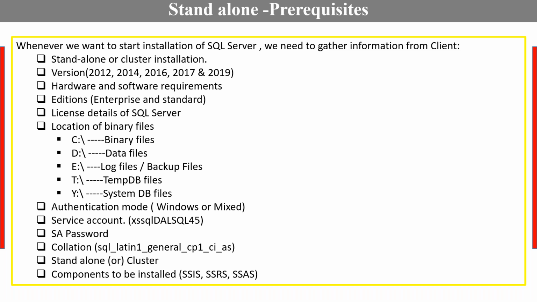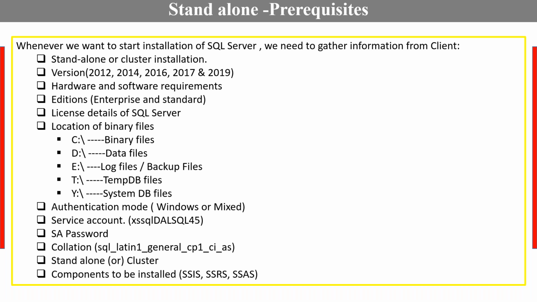Before performing the installation, what inputs do you need to gather from the client? For example, assume I am the customer and you are the DBA. I just create a ticket: Hi Murli, can you please install SQL Server 2019? I assign it to your group and leave for the day.